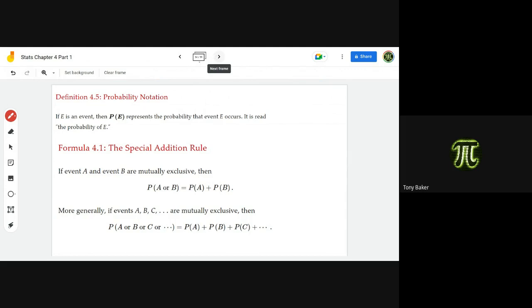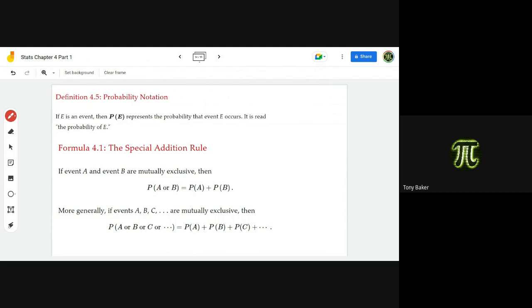While I'm on the screen, there's something you're going to see quite a bit. This is the notation you're going to see. That P stands for probability. Inside here, it can be a letter, or it can be what the event is. If it's a letter, somewhere you have to tell me what that letter associates with the event.